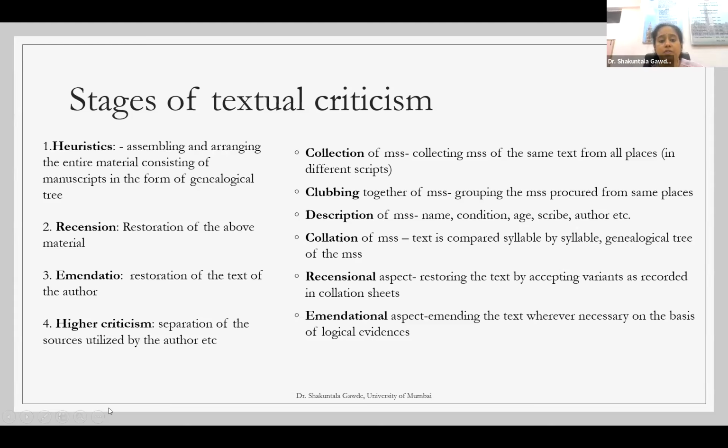Then the collation comes, which is very much helpful for understanding this recensional aspect. Here all the manuscripts need to be compared. Suppose there is the first sutra, Atha Yoganushasanam.